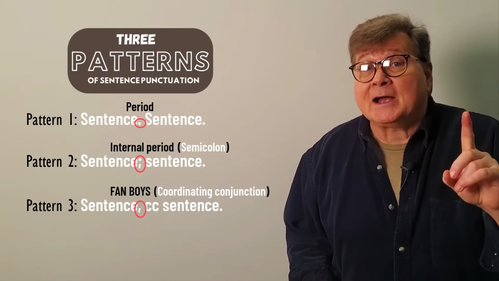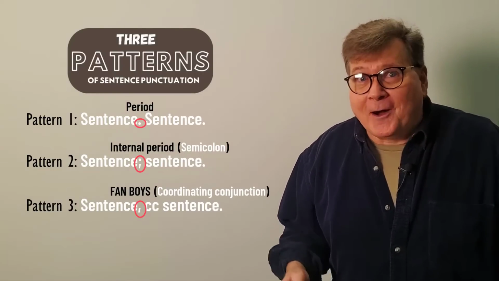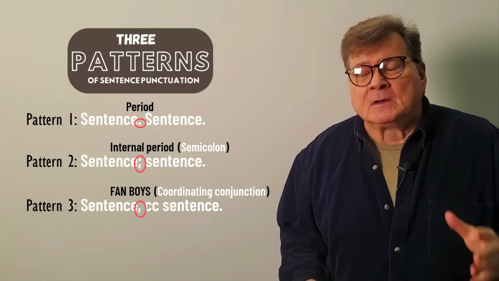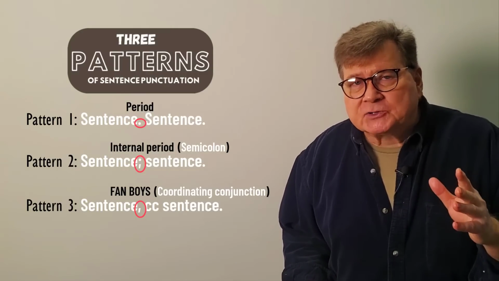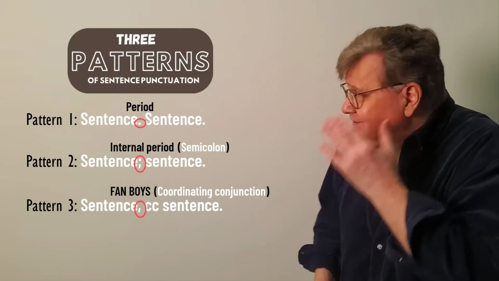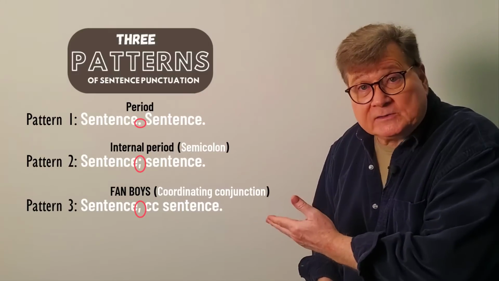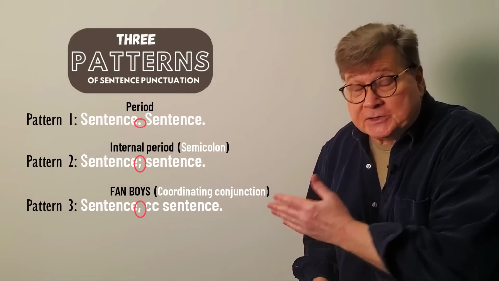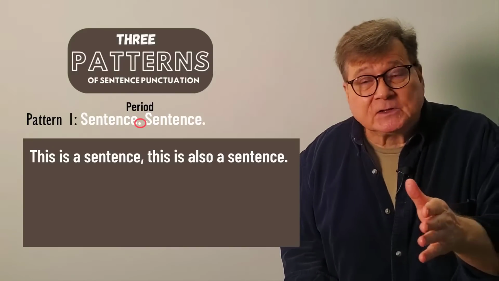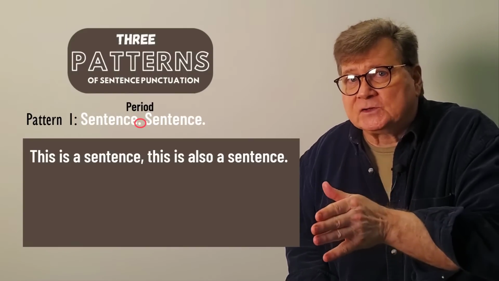Okay, back to our original question. What is a comma splice? A comma splice is punctuation that simply does not fit one of these three patterns. As you can see here, this is a sentence, comma, this is also a sentence.